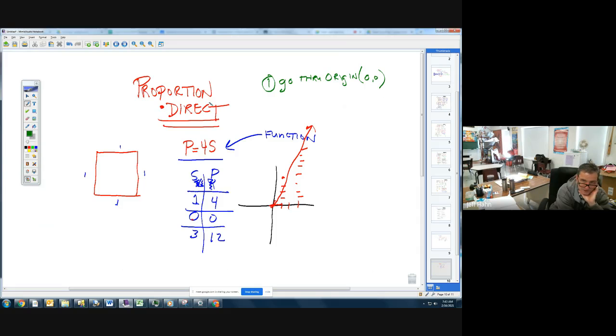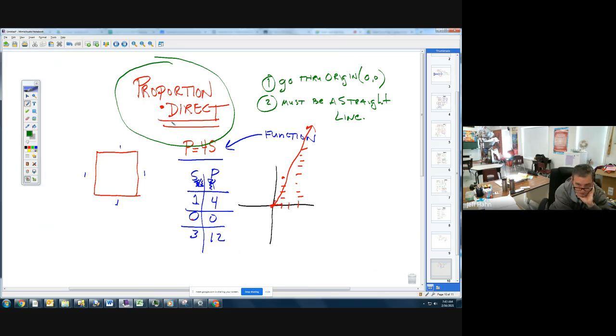Number 2, it must be a straight line. Anytime the book asks you if something is directly proportional, 2 things have to happen. It has to go through this point here, and it has to be a straight line as best I can.